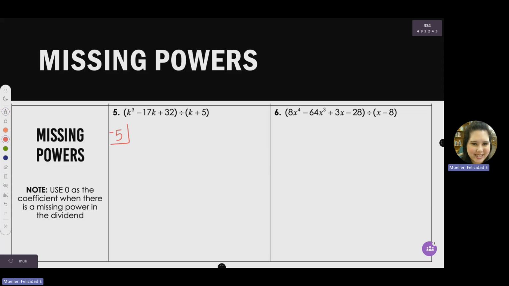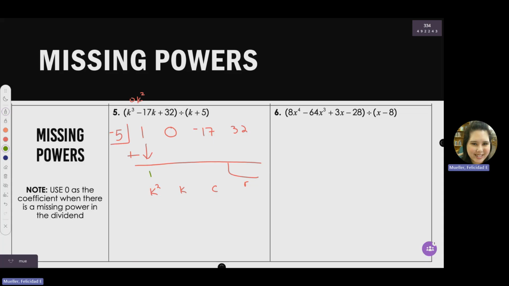You can do your countdown: 3, 1, 0. So I'm missing k squared. So we're going to do 1, 0, -17, 32. The remainder. So again, this here is going to be my constant, my k, by k squared.